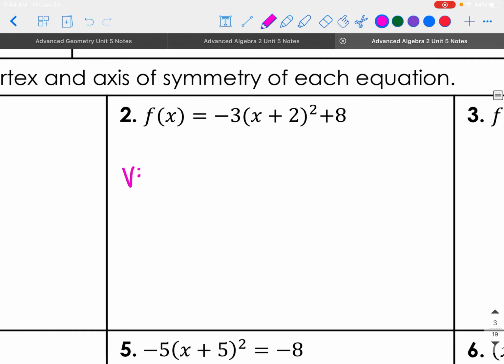Number 2, the vertex, opposite, so negative 2, same, 8. This number out the front, we don't need that for the vertex, axis of symmetry, nothing. So the axis of symmetry is x equals negative 2.